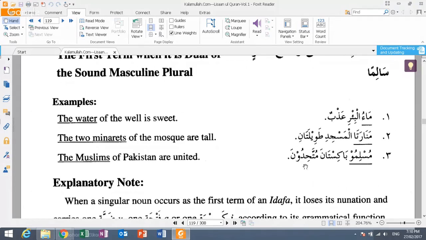But this is wrong: Muttahiduna. Is the sentence correct or wrong? Are they united? Killing each other. Okay, the brothers are killing each other. But anyway, we don't mean the real meaning here, we just make the sentence. Basically, mutafarriquna. Muslimu Pakistana mutafarriquna, or muqatiluna.